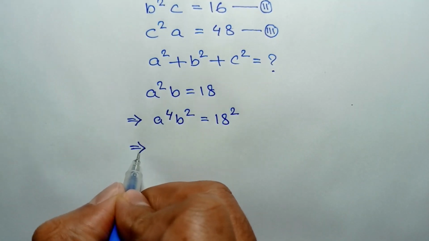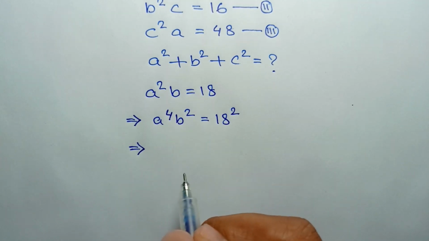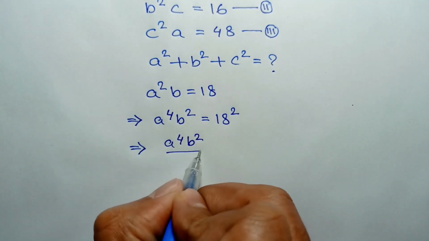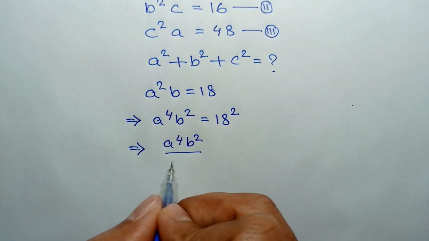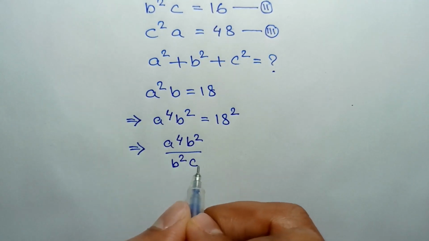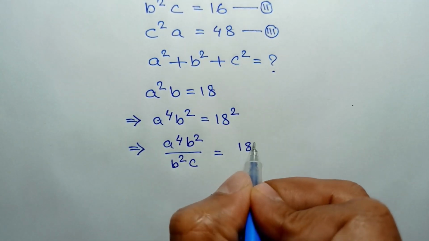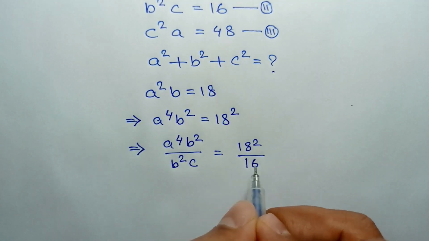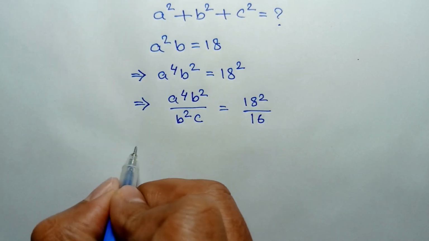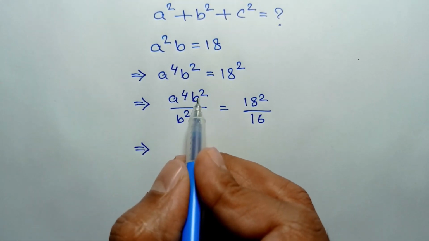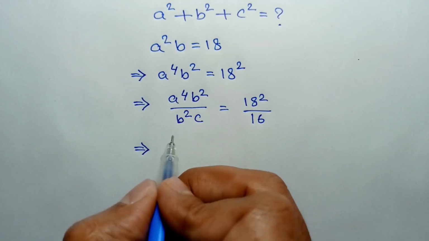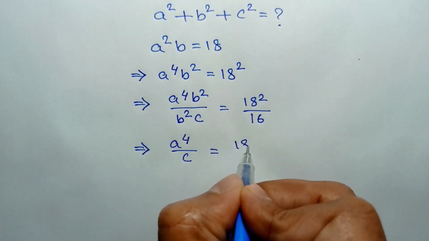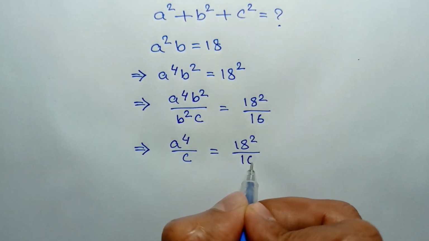Now dividing both sides by equation 2, we will have a to the power 4 b square over b square c is equal to 18 square over 16. The b square and b square will cancel out, so it will remain a to the power 4 over c is equal to 18 square over 16.